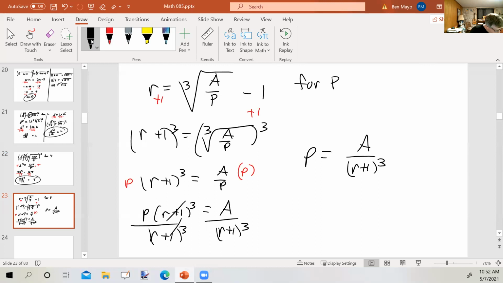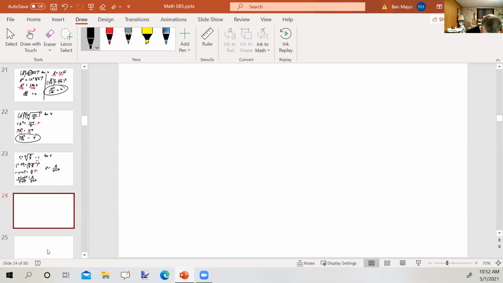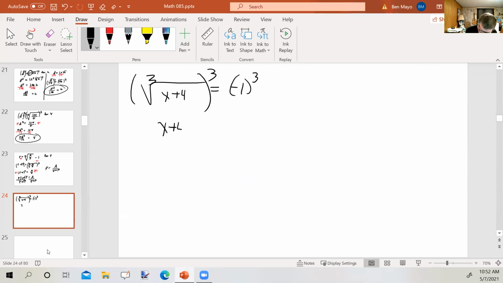How about this one? The cube root of x plus 4 equals -1. So the radical is already isolated. We didn't do it, it came that way, but we're going to cube both sides. So I get x plus 4 equals, well, -1 times -1 times -1 is -1.